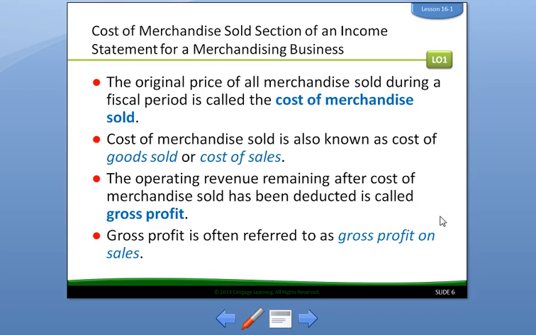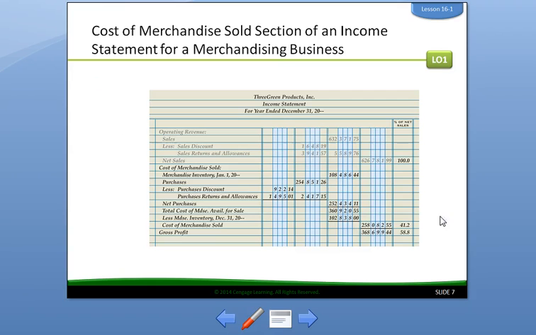So gross profit is often referred to as gross profit on sales. Management uses gross profit as a measure for how effectively the business is performing in its primary functions of buying and selling merchandise. Calculating a ratio between gross profit and net sales enables management to compare its performance prior to fiscal periods. So that percent of net sales is going to be important to calculate, which is right here.